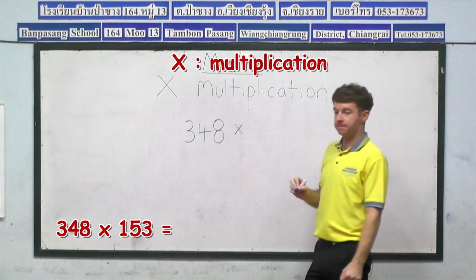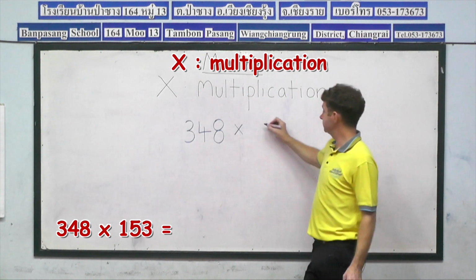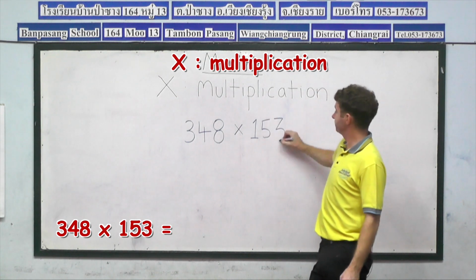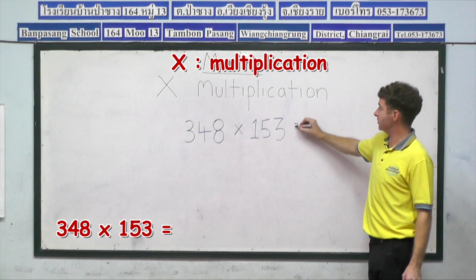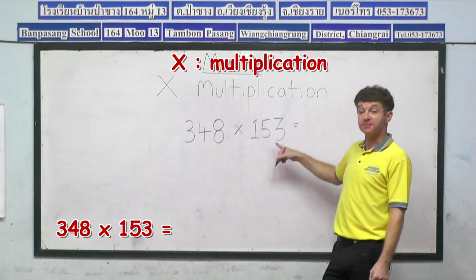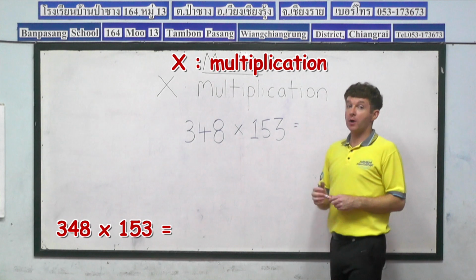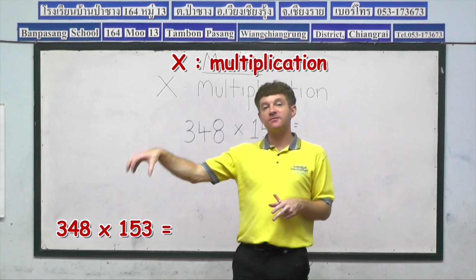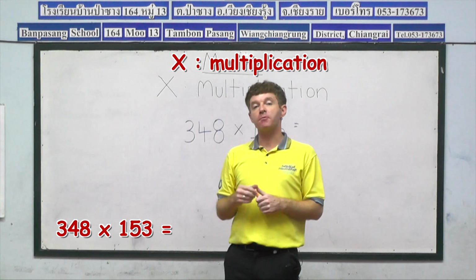multiplied by 1, 5, 3. I heard 1, 5, and 3. So 153. Now what we're going to do is we're going to multiply these numbers together in the same way using the step-by-step procedure.